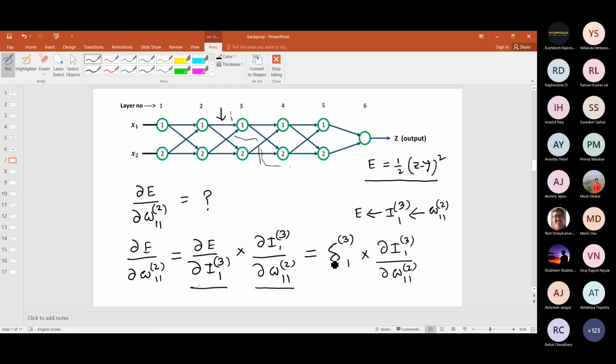I just use this shorthand for this one. Now whenever I say delta Li, that means you are differentiating with respect to this, and so on and so forth. That's the shorthand. Now basically I have to compute this one. How can I compute that?